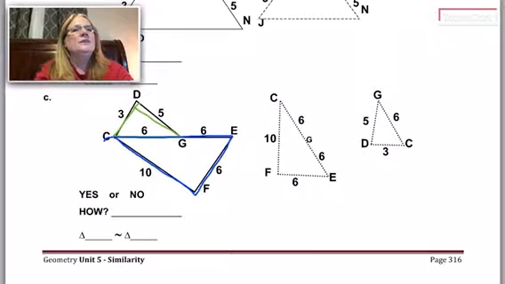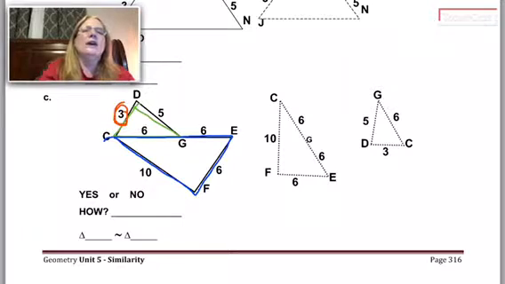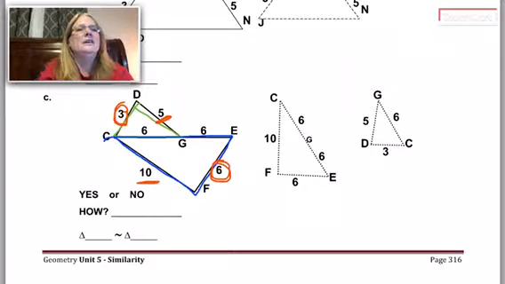I see that this 3 in this smaller triangle has to line up with the smallest side in the other triangle, so that is 6. And then the 5, the middle measurement, needs to line up with my middle measurement here, 10. And that leads this 6 to line up with this whole side, which is you have to add 6 and 6 and get 12.